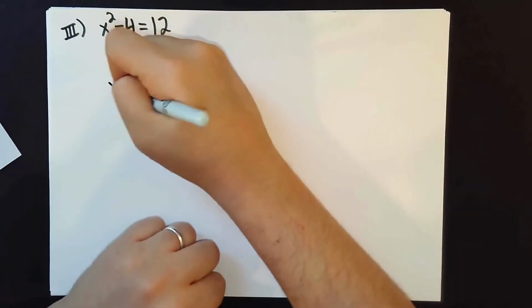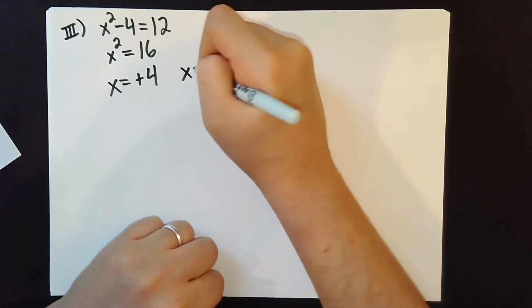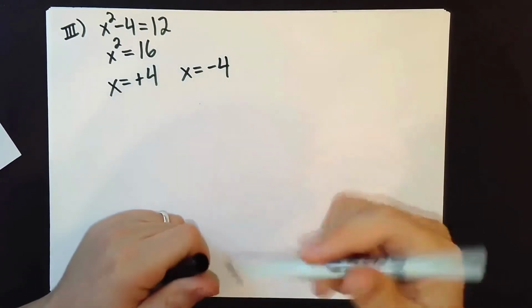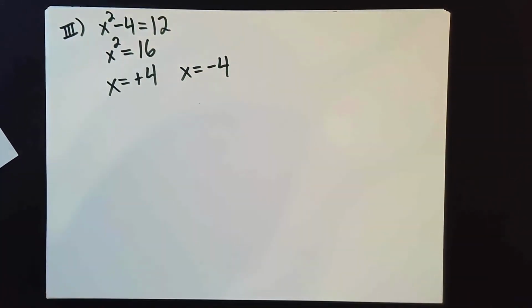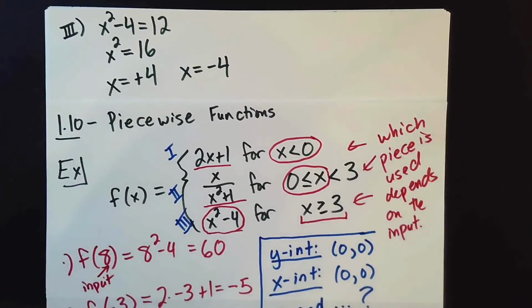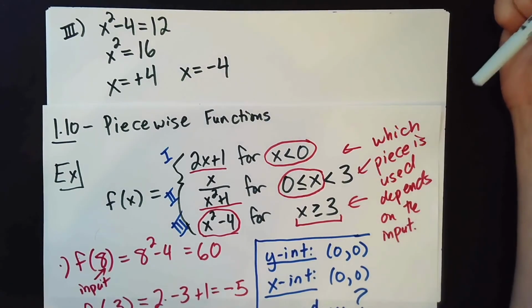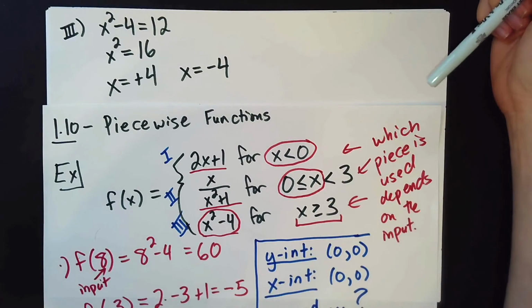So that is when x is plus 4, or x is minus 4. Now take a moment. Does one of these work? Do both work? Or do neither work? Take a moment and think about it before I tell you.